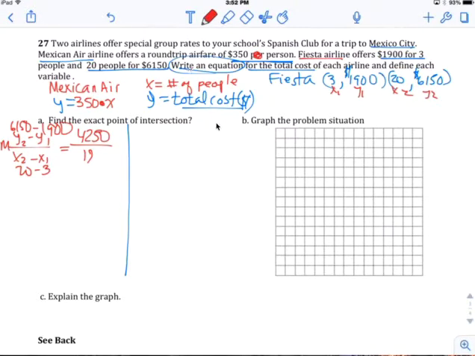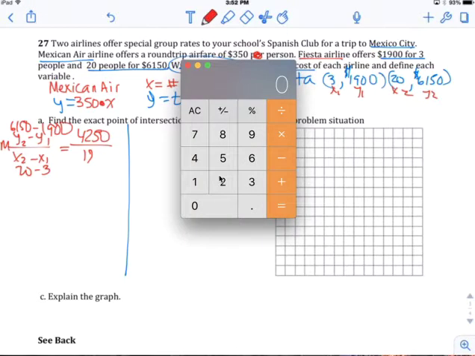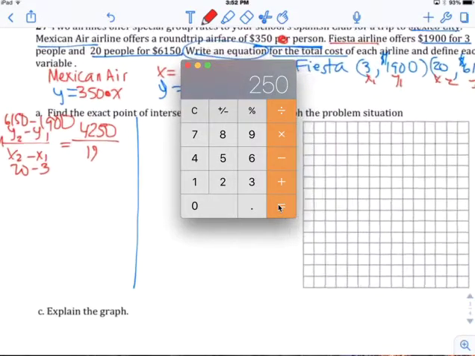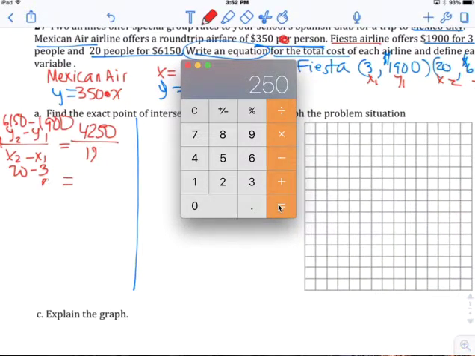Is that possible? I don't think so. 4,250 divided by 17. Oh, yeah. It is. Okay, the rate of change is 250. That makes it easy.